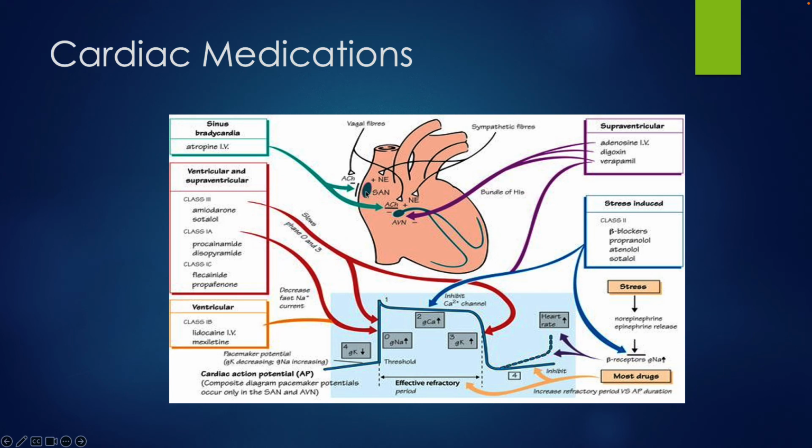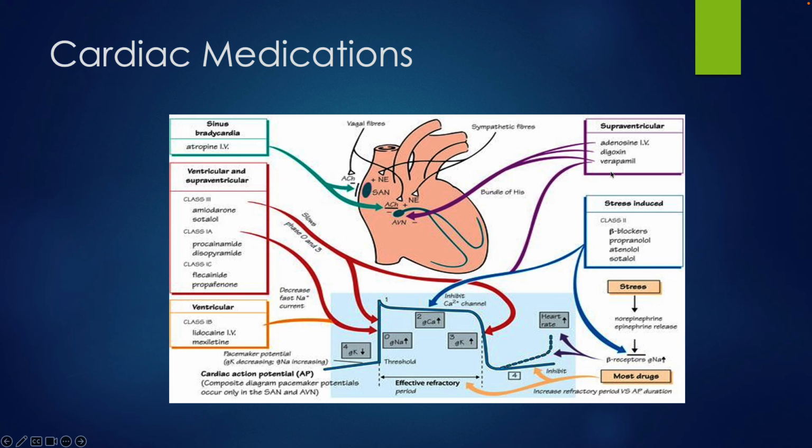For ventricular and supraventricular drugs, you've got amiodarone and sotalol for class 3 antiarrhythmics, class 1A procainamide or disopyramide. And if you notice here, class 1A works on phase 0 rapid sodium channels, and amiodarone slows phase 0 and 3.